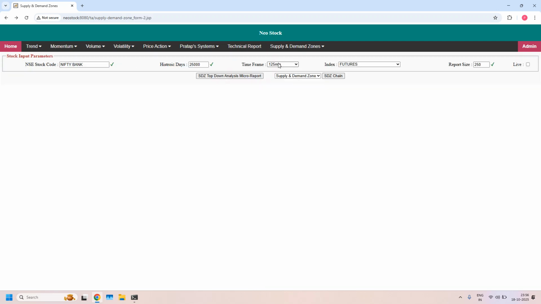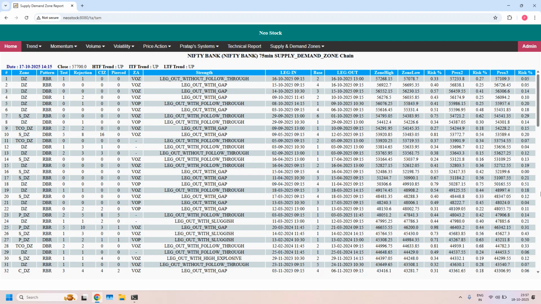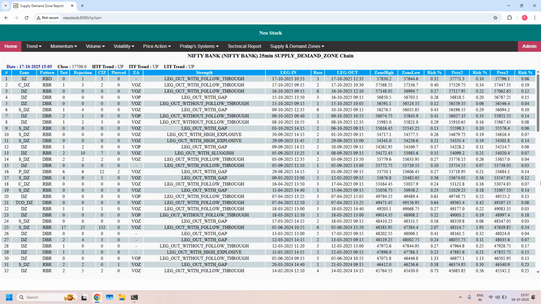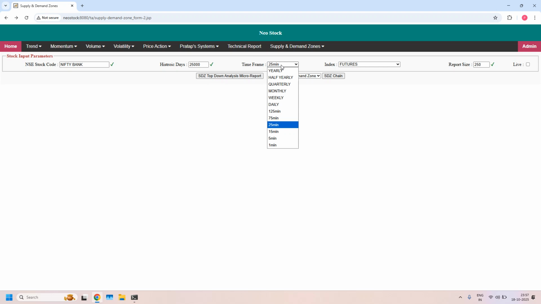Next, generating 75 minutes supply demand zone chain for Bank Nifty. Next, generating 25 minutes supply demand zone chain for Bank Nifty. Next, generating 15 minutes supply demand zone chain for Bank Nifty.